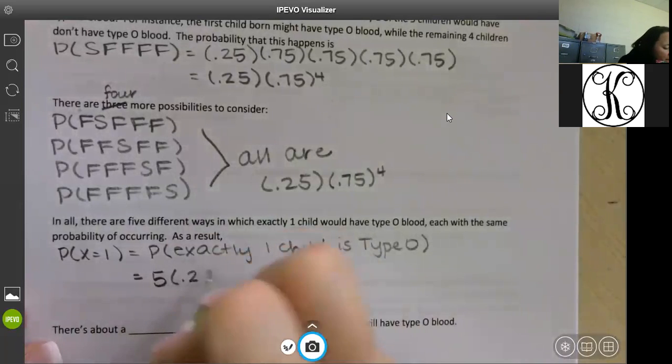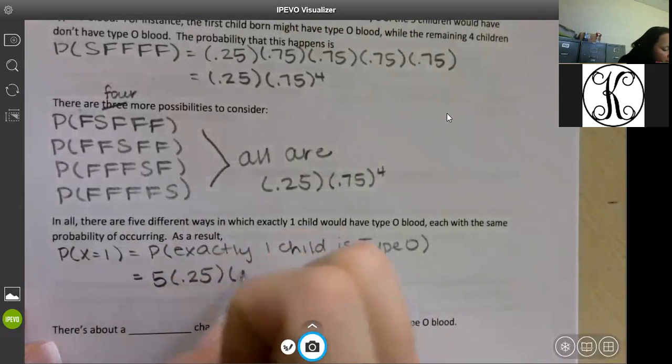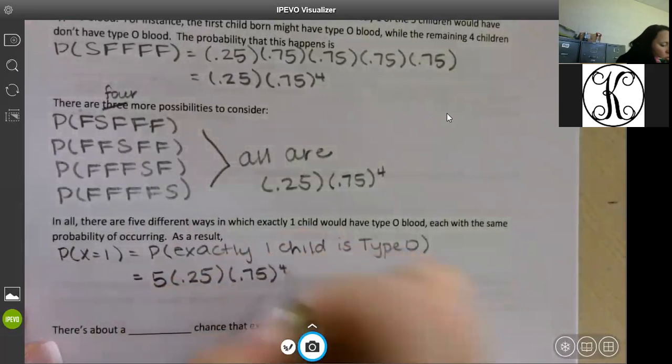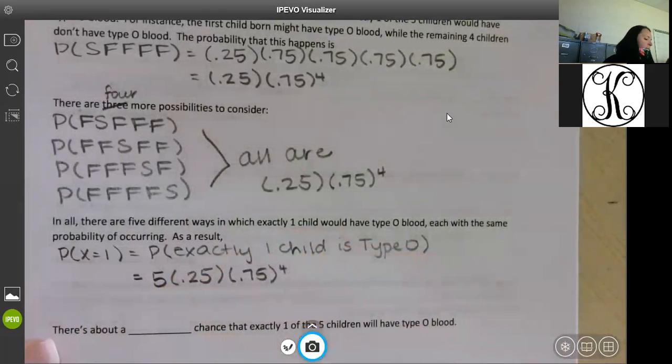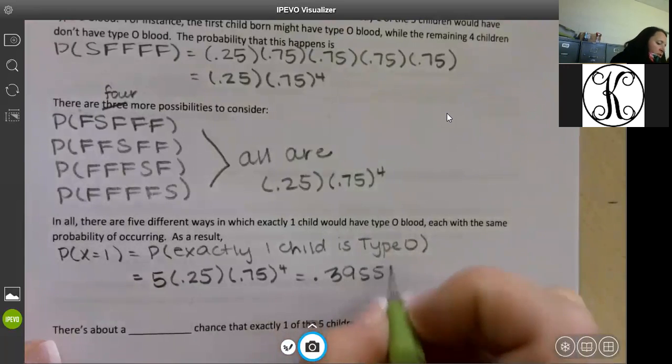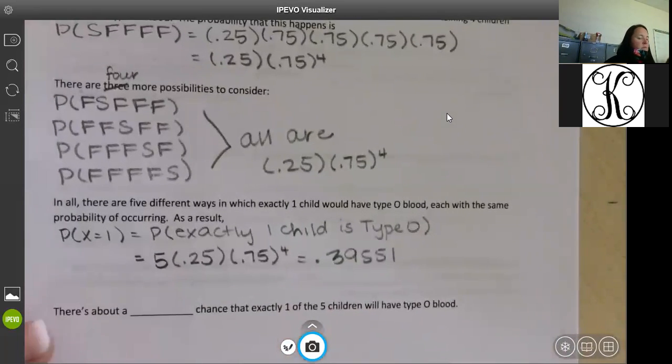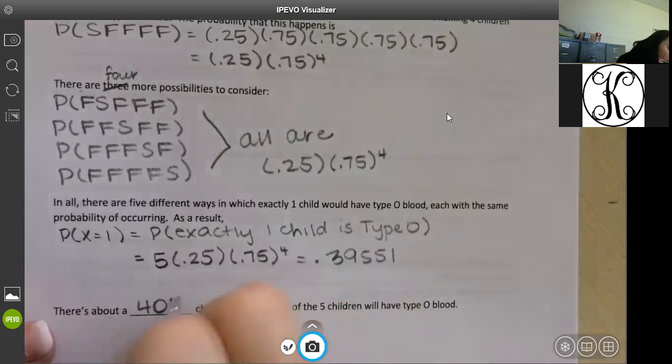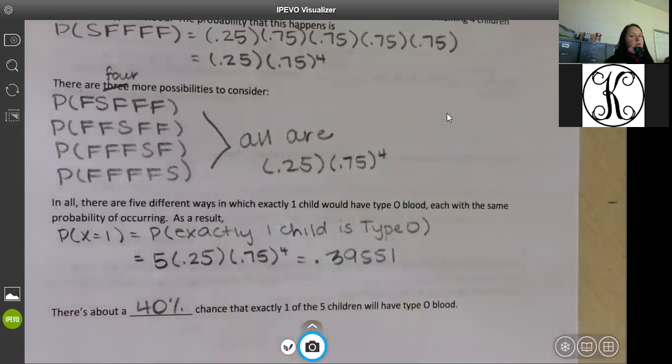And their probability is 1 success and 4 failures, which gives 0.39551. Which means there's about a 40% chance of exactly 1 of the 5 children having type O blood.